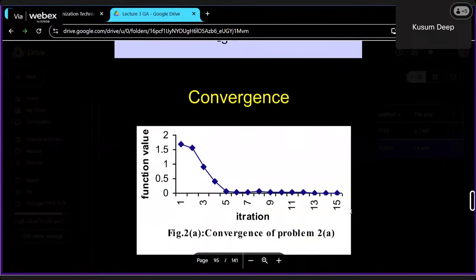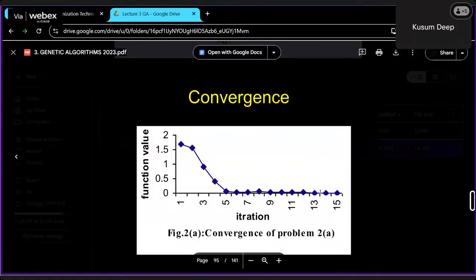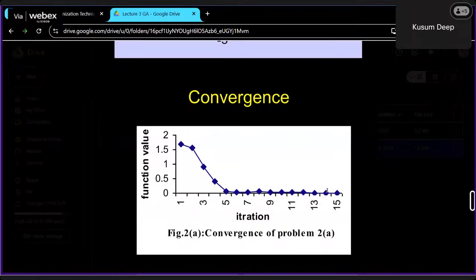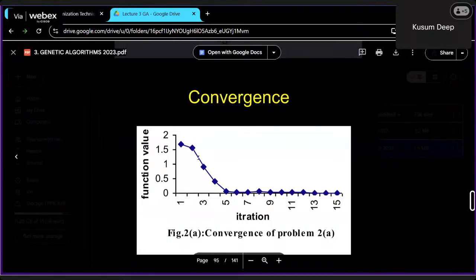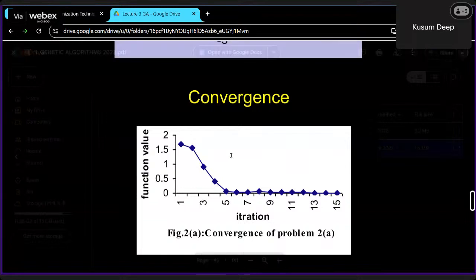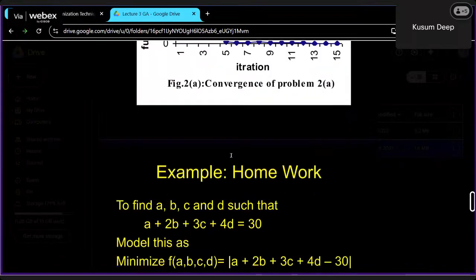This concept can be represented in the form of a convergence graph, where the horizontal axis shows the iteration and the vertical axis shows the objective function value. If instead of the objective function value, you plot the fitness, then instead of going down, this convergence graph will go up.